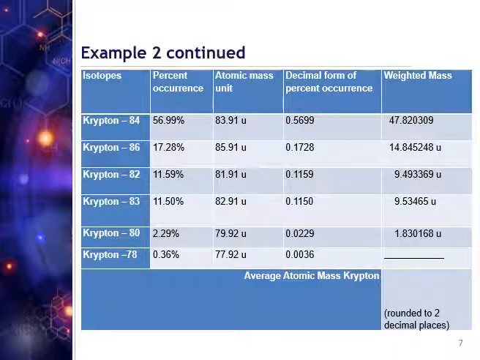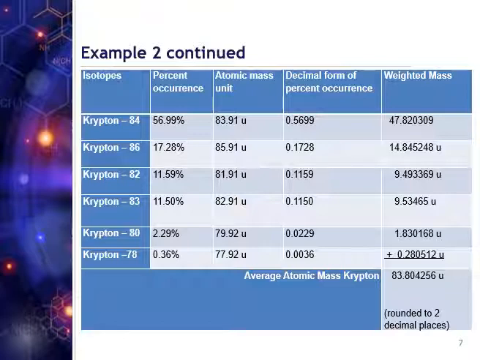0.36% is 0.0036 in decimal form. Multiply 77.92 by 0.0036 to get a weighted mass of 0.280512. Add the weighted masses together to get the atomic mass, which is 83.804256.